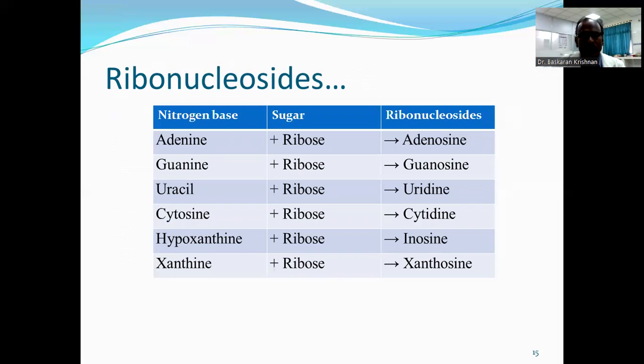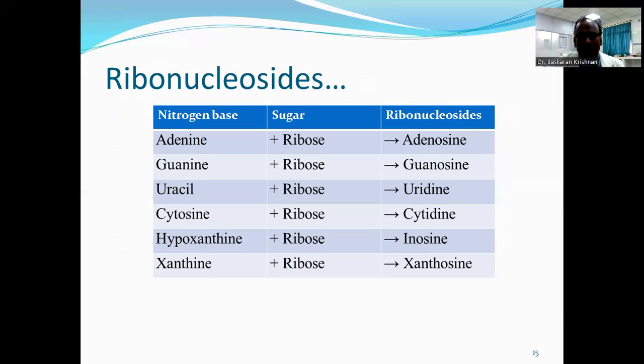This table shows the ribonucleosides. I'll just take one example. Adenine, when attached to ribose, becomes adenosine. Guanine with ribose forms guanosine. Uracil forms uridine. Cytosine forms cytidine.